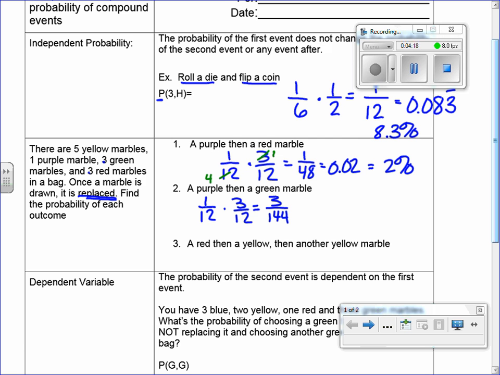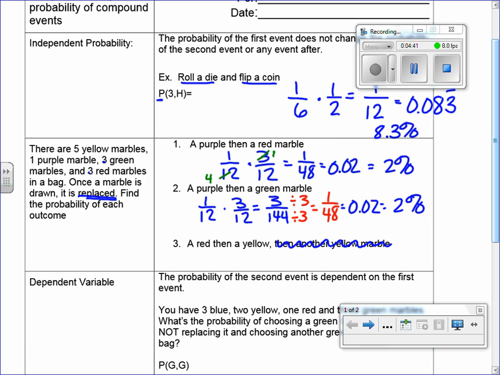Then I'm going to divide the numerator and denominator by 3. And that's how I get my 1 over 48. And it's going to be 0.02, which equals 2%.